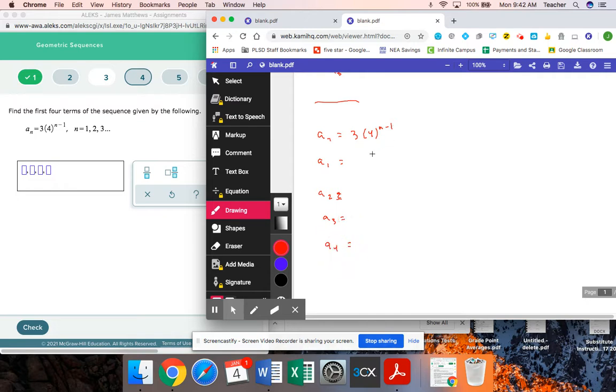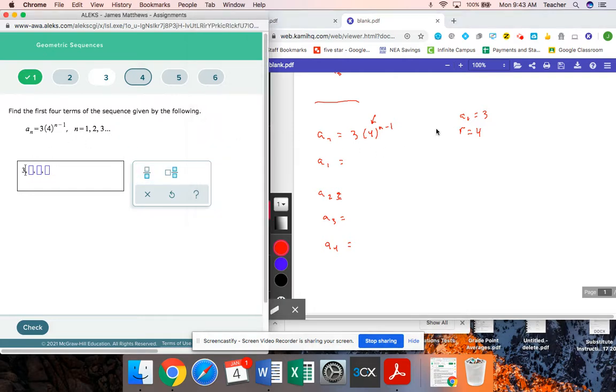Now I can find this very easily without doing all the math by recognizing that my r is 4, my first term is 3.